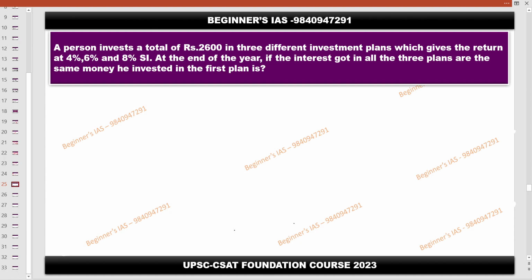A person invests a total of rupees 2600 in three different investments, which give returns of 4%, 6%, 8% simple interest at the end of the year.